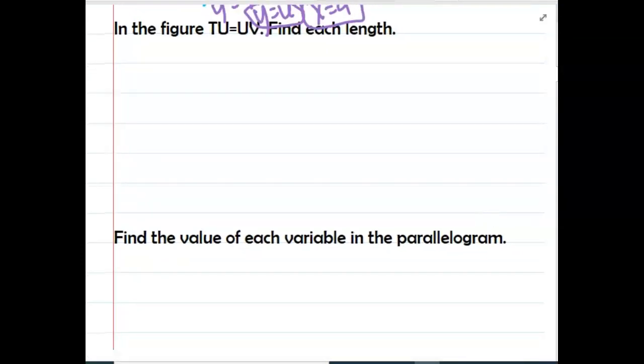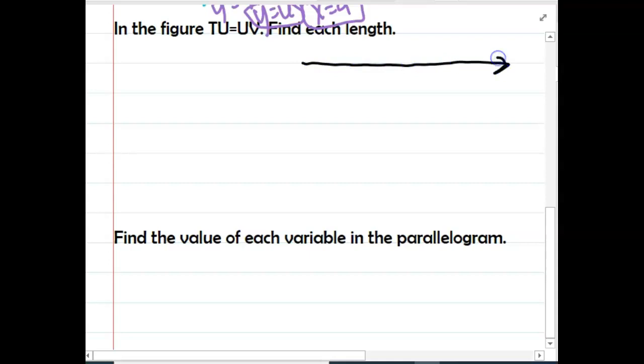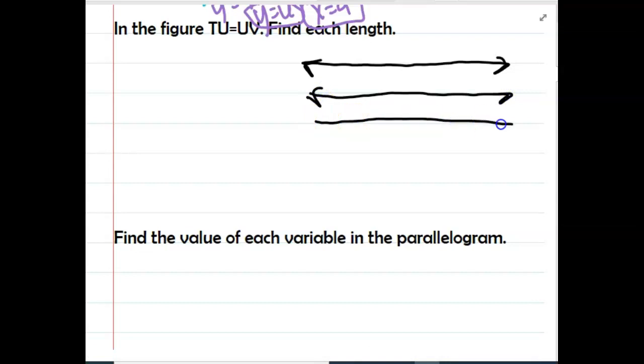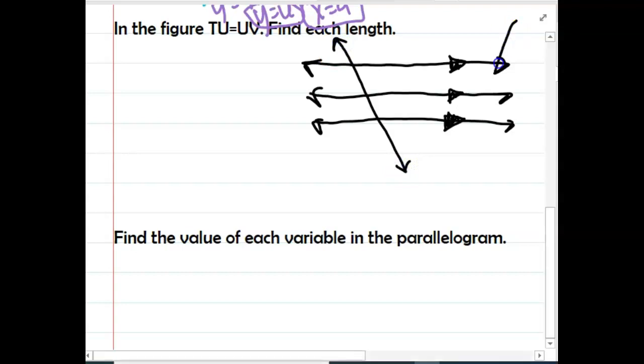Okay, so this, we're going to draw, I want you to draw 3 parallel lines. If you want to go ahead and mark them with the parallel symbol, might not be a bad idea. And then we're going to draw 2 transversals through it.